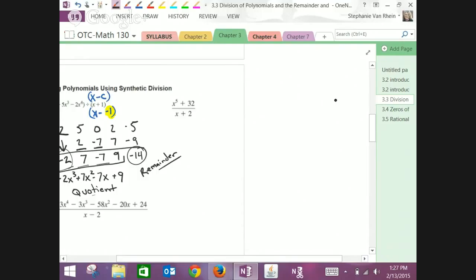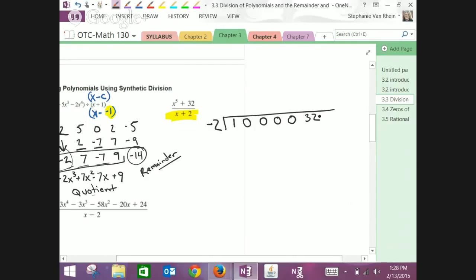The most important thing when you do synthetic division is make sure you know what C is. What is C in this case? Negative 2, right? Minus 2. So if I do synthetic division here, I have minus 2. Then I set up 1. So this would be my x to the 5th, 0x to the 4th, 0x cubed, 0x squared, 0x, 32.